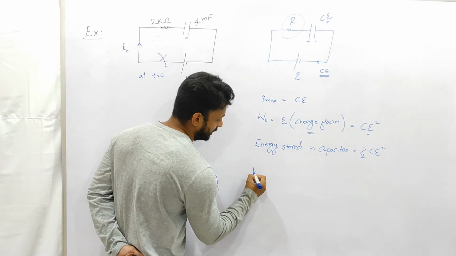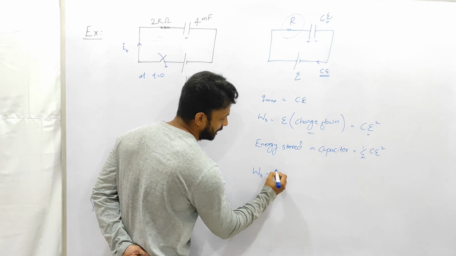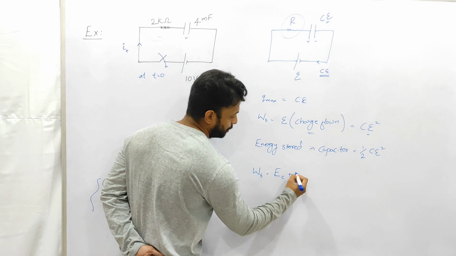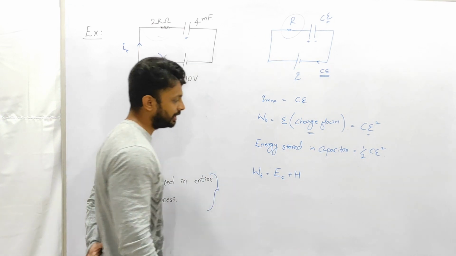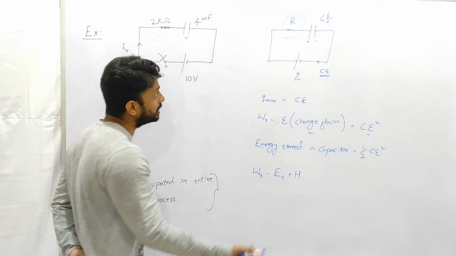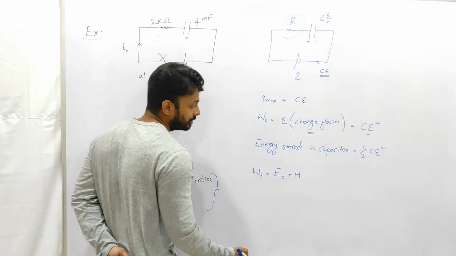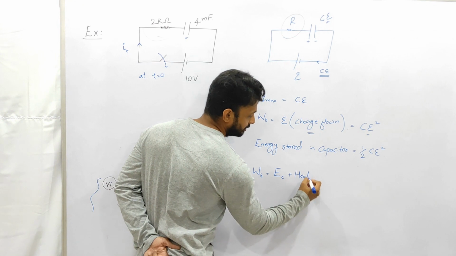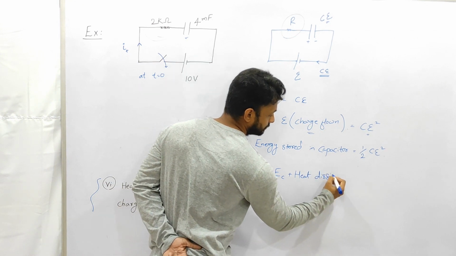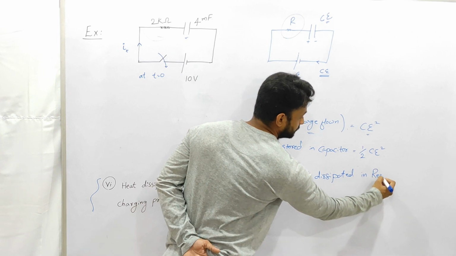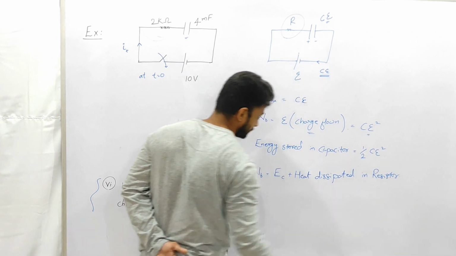So simply, what is the equation I can write? Work done by the battery is equal to energy stored in the capacitor plus the heat dissipated in the circuit, and obviously there is no other dissipative circuit element here except the resistance. So directly I can say that is heat dissipated in the resistor.